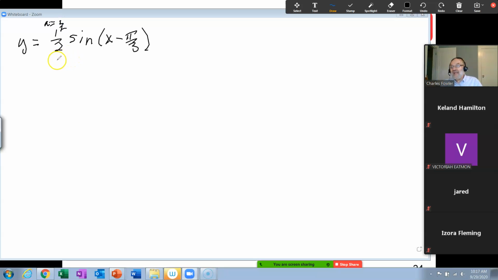That means the amplitude is 1/2. So your amplitude is the absolute value of that, 1/2. Okay. Remember that. We'll come back to it. What's your B here?